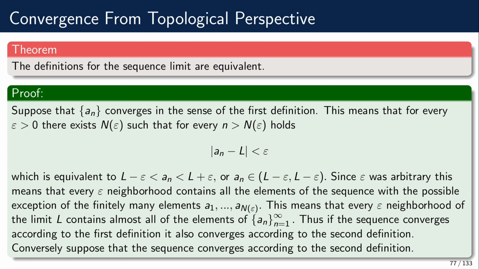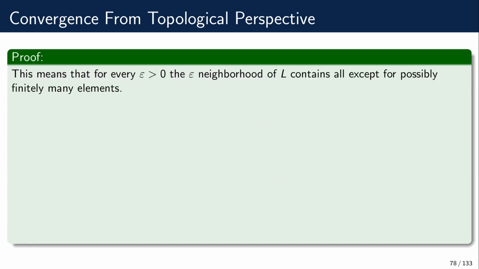Now suppose that it converges according to the second definition, right? We need to show that it converges according to the first one. So let us pick an epsilon, and let us now pick an epsilon neighborhood of L. The second definition says that every epsilon neighborhood of L contains all the elements except for finitely many elements.